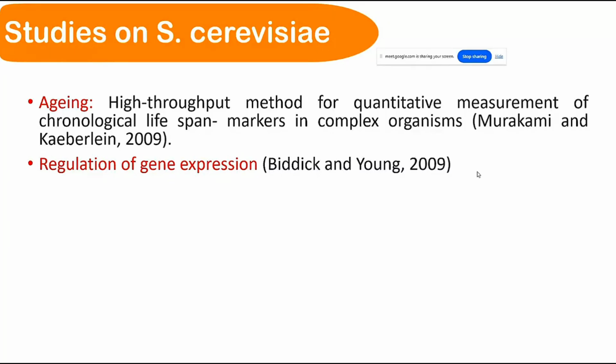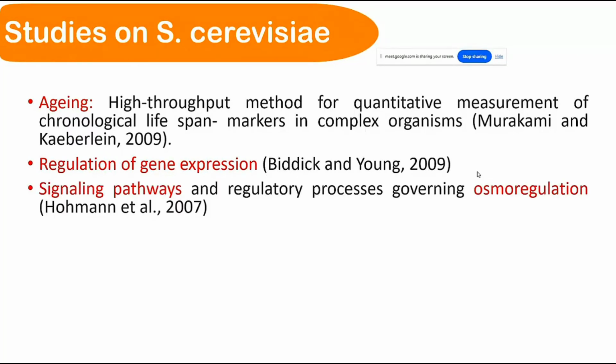The work of Biddick and Young 2009 shows how gene expression regulation is carried out in Saccharomyces cerevisiae. Like I was addressing in the initial slides, baker's yeast is an important organism where signaling pathways are studied.